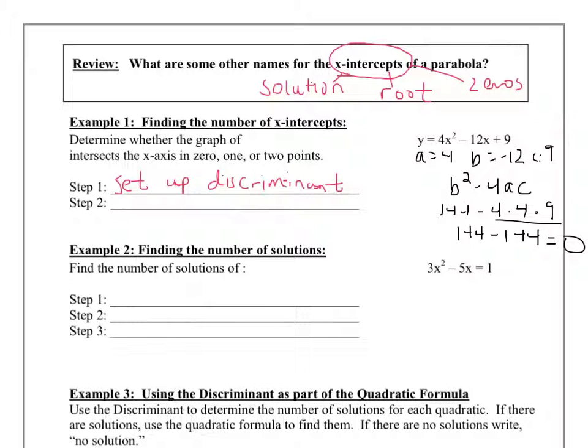Because we have 0 as our answer, we have 1 solution. And then step 2 is to state the number of times it crosses.